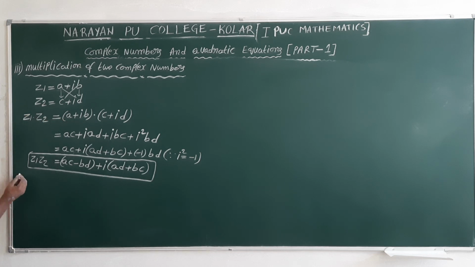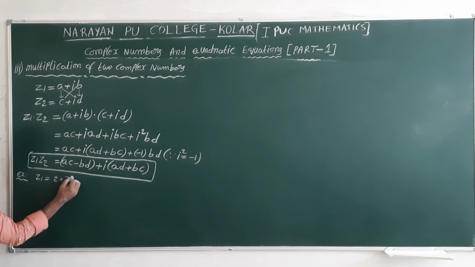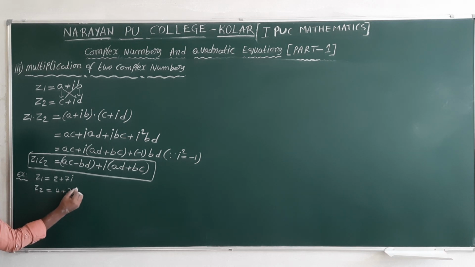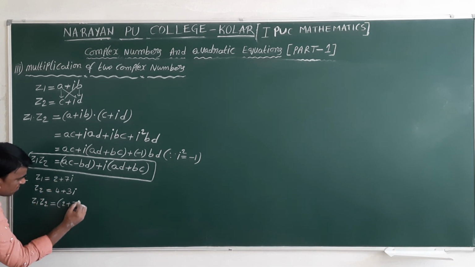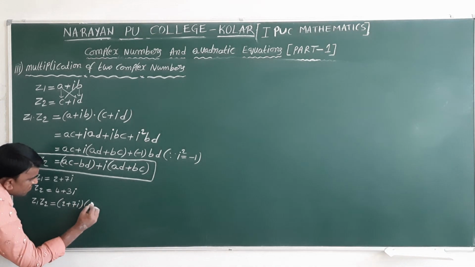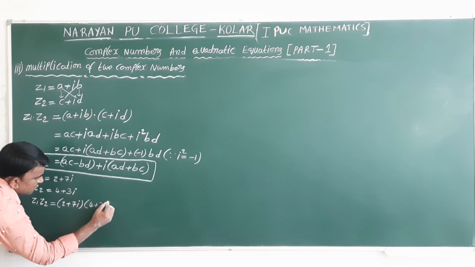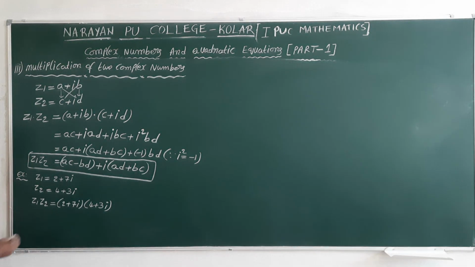For example, Z1 equal to 2 plus 7i, Z2 equal to 4 plus 3i. The multiplication of two complex numbers is defined by Z1 into Z2. So 2 plus 7i into 4 plus 3i.